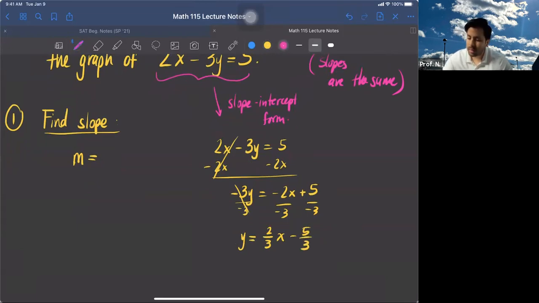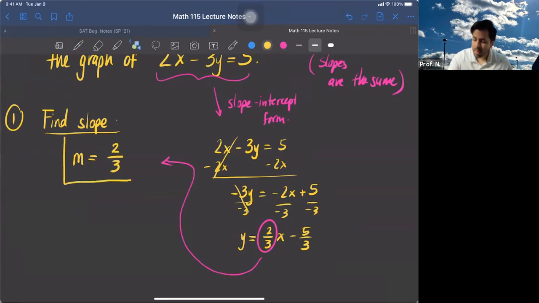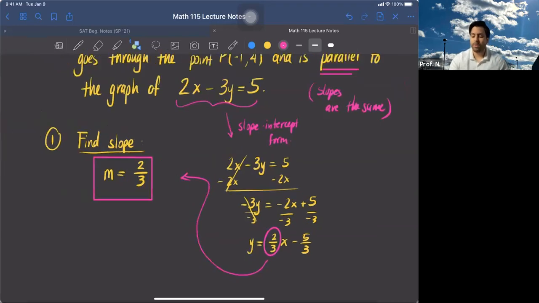Now what? 2/3 is my slope. Two-thirds. That's my slope. Do you guys see that? My slope is 2/3.